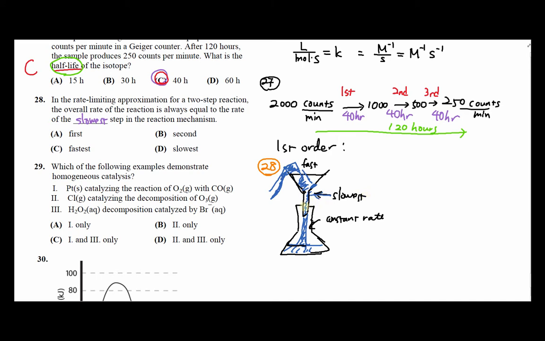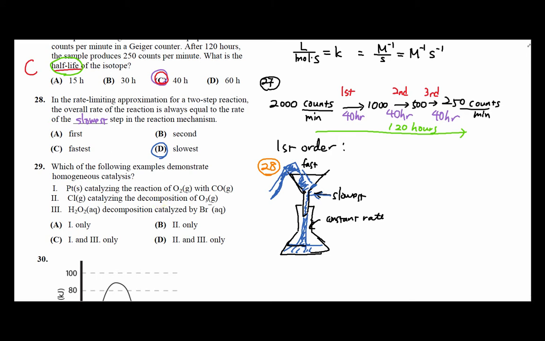Okay? So the diameter of our funnel determines how fast the water drips. So that's why the slowest step determines the overall speed of the mechanism.